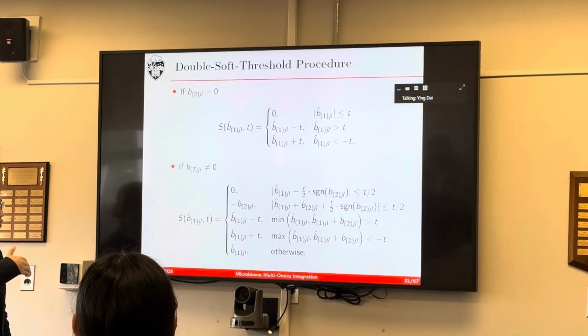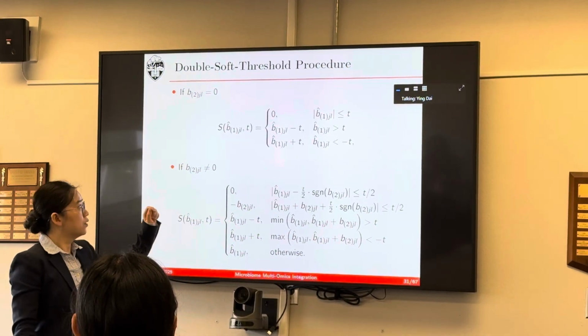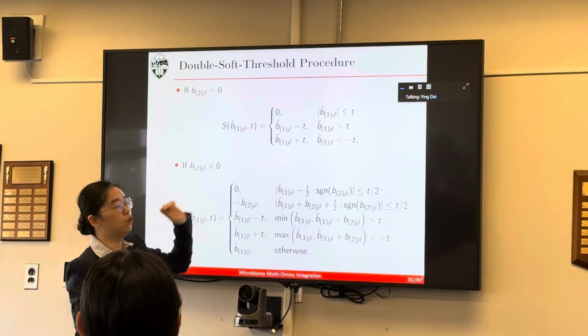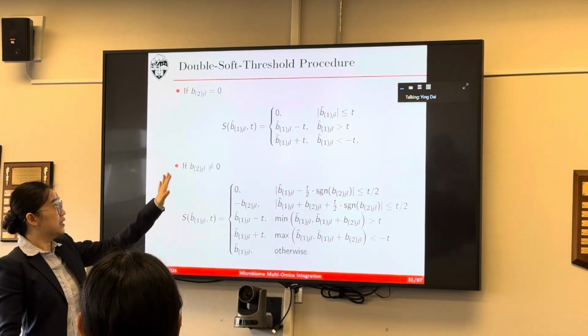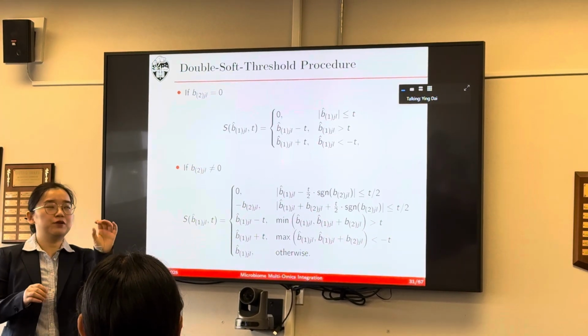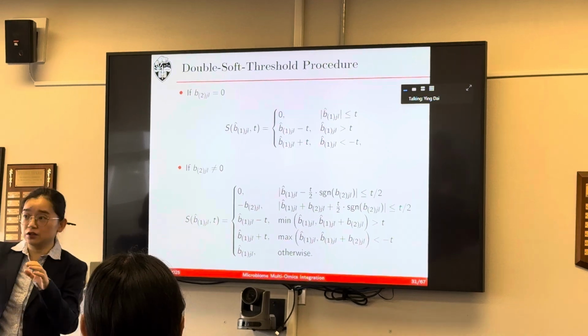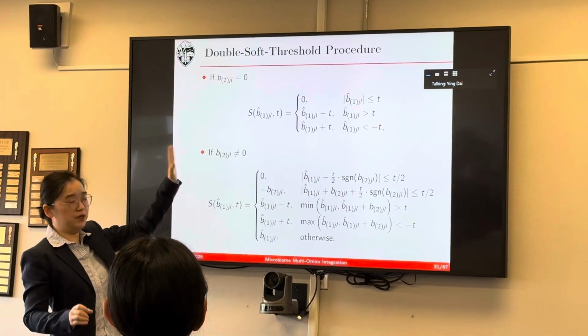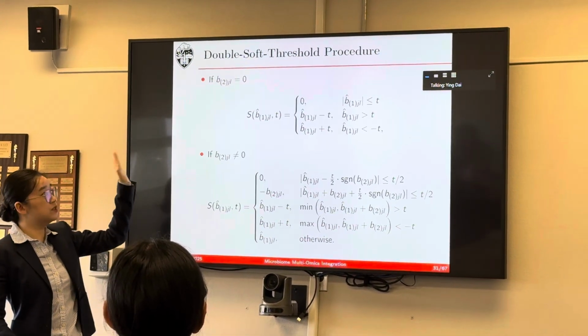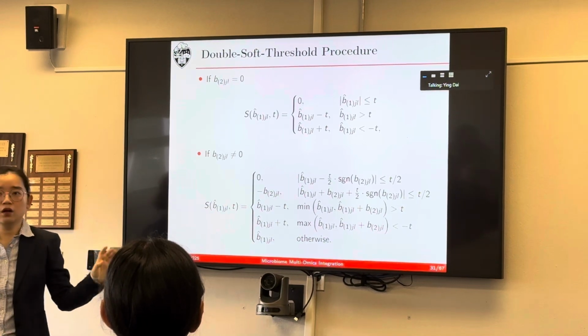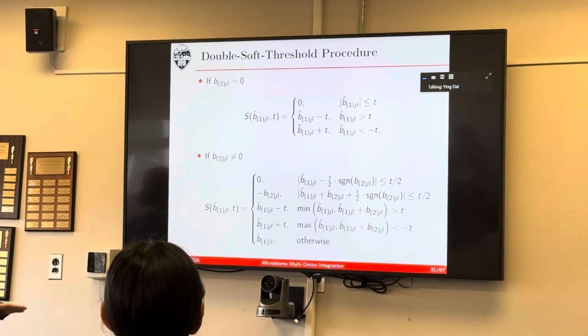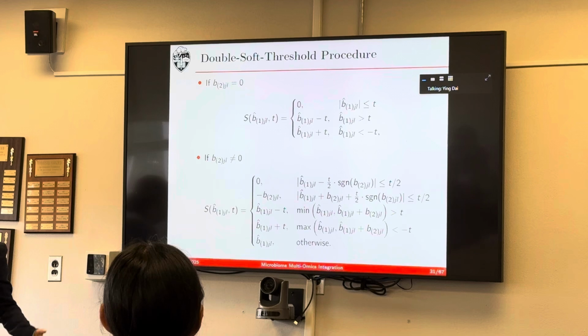But the difference here is that in order to update B1, the corresponding entry actually depends on the same position of B2. If B2 is 0, then it is just the soft threshold estimate, because that's a lasso.